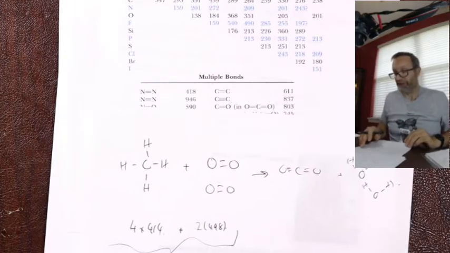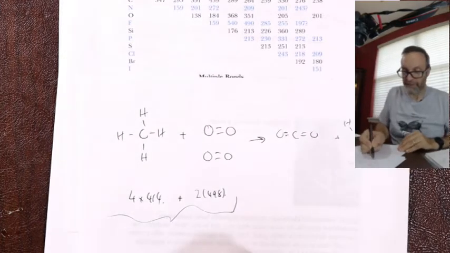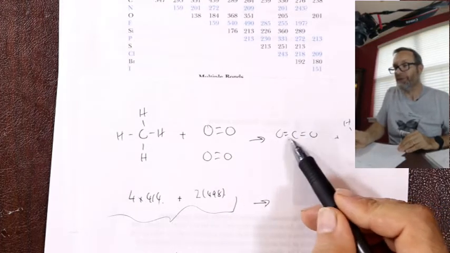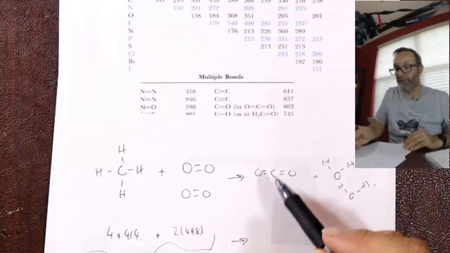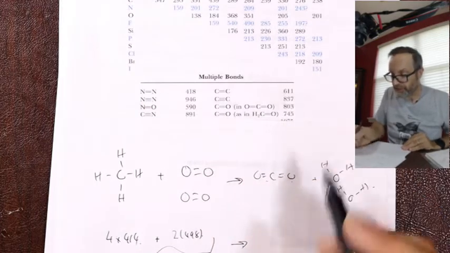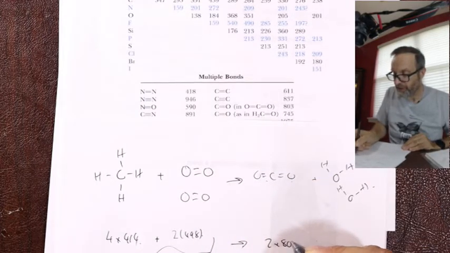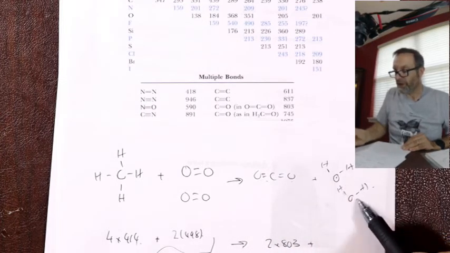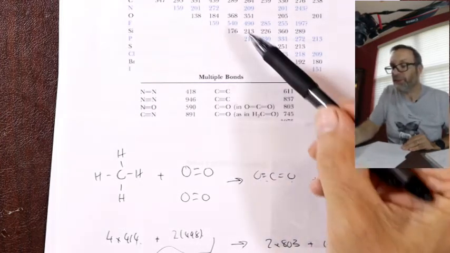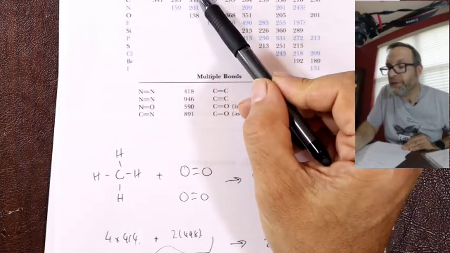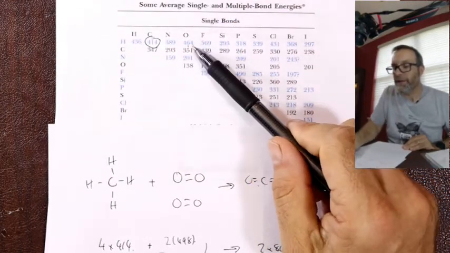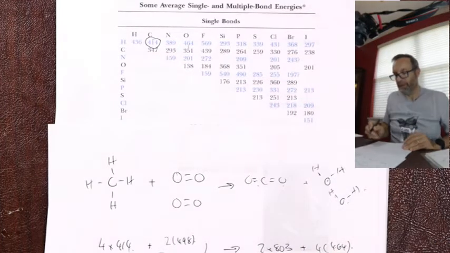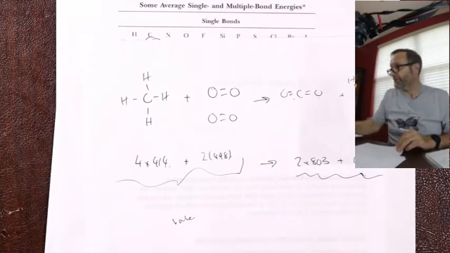Actually, I'll leave it to you guys. Let's work it out, find that value there. Now that turns into, this one molecule has 2 double bond COs, so 2 times the C=O value plus 4 times the OH, which is 464.